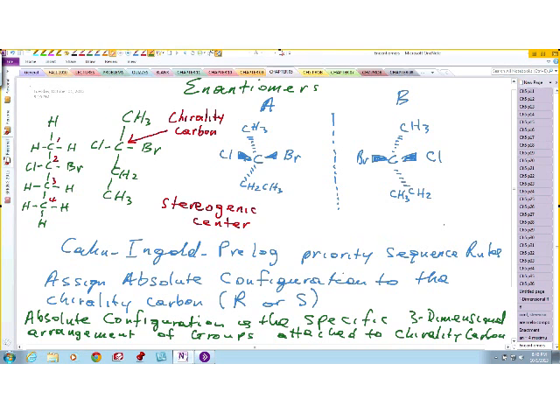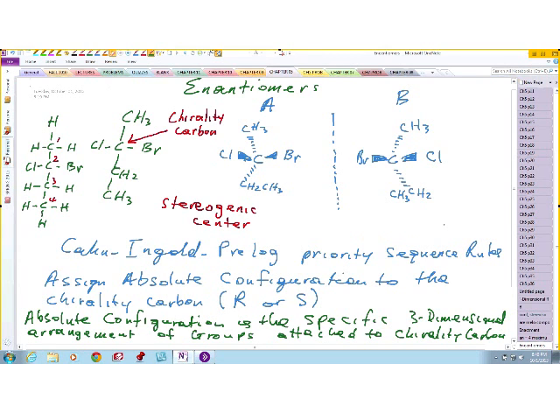Okay? So the absolute configuration is the specific 3-dimensional arrangement of groups or atoms that are attached to a chirality carbon. And we generally designate them as R or S.